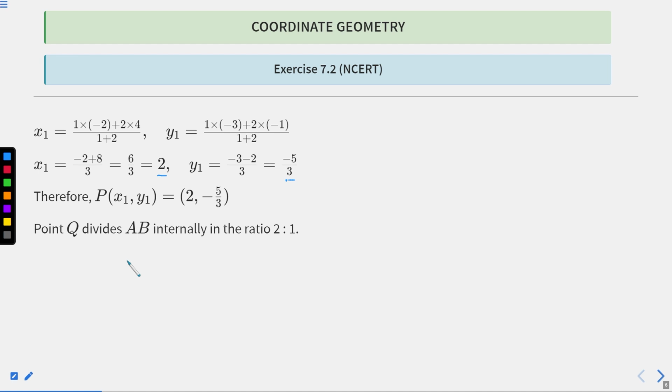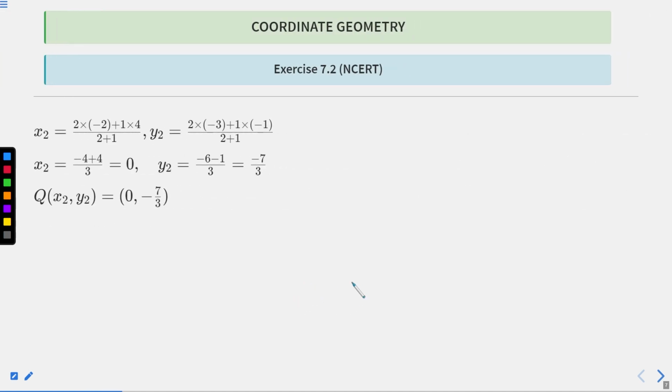Point Q divides AB internally in the ratio of 2:1. Now the value of x2 is equal to 2 into minus 2 plus 1 into 4 divided by 2 plus 1. If we calculate it by simplifying, we get x2 equal to 0.